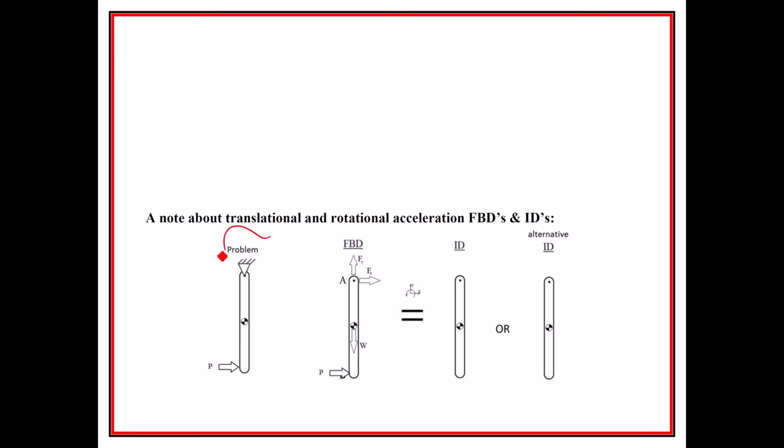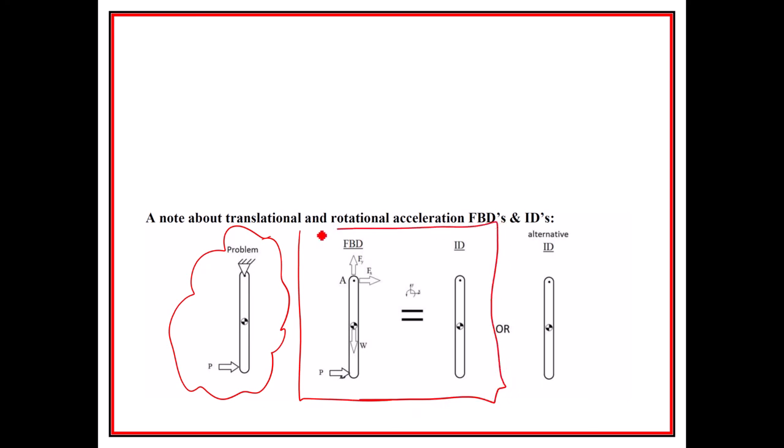So here is the type of problem we're referring to, and here is the FBD and IBD, or ID as we're calling it, the inertial diagram. This is the general case: we have a mass times acceleration at the center, and also an I about the center, and alpha.